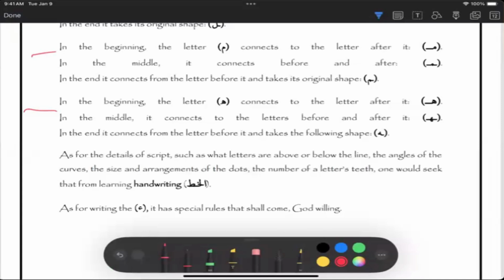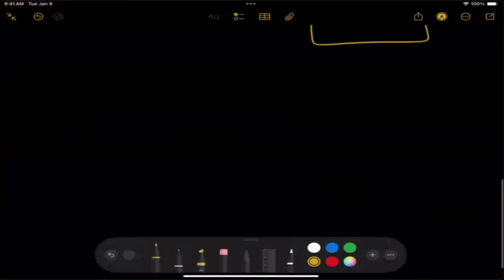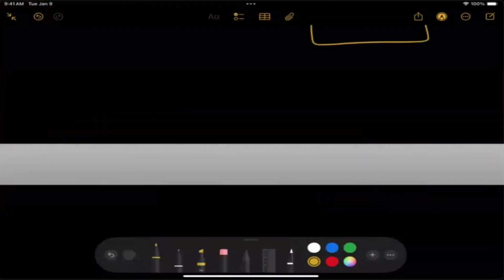But what is under the line? Let's see. What's over the line and what's under the line?